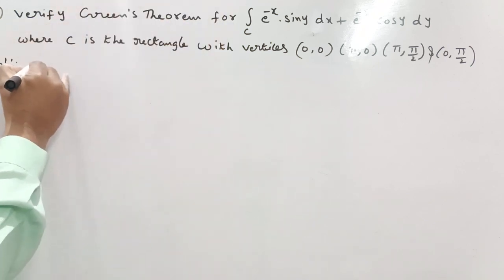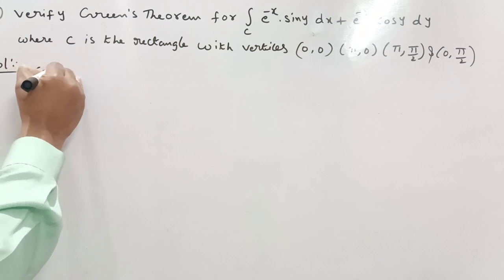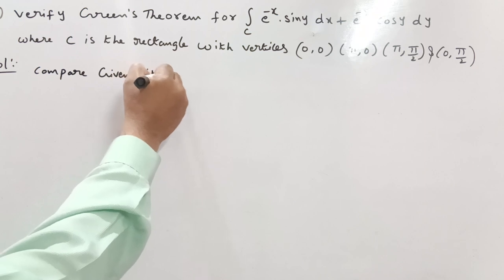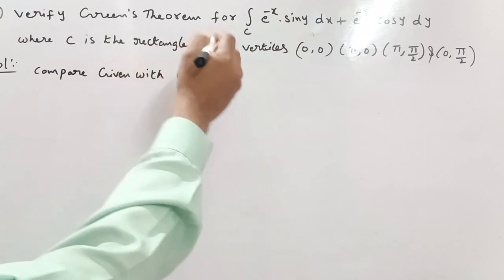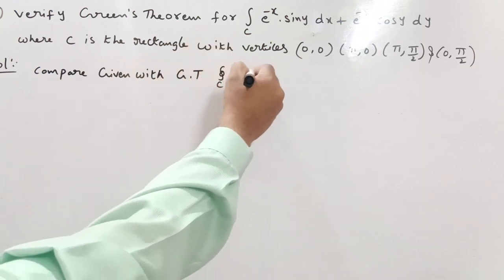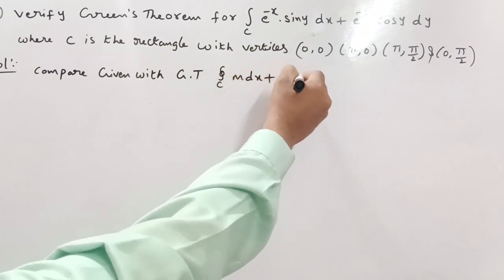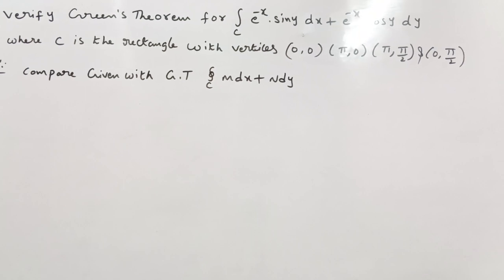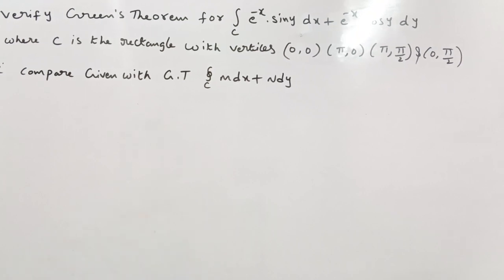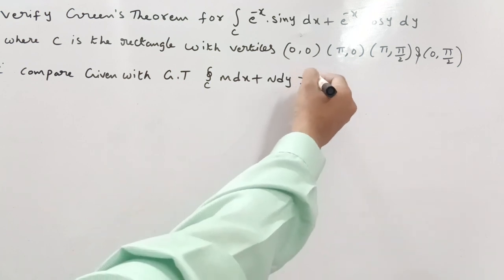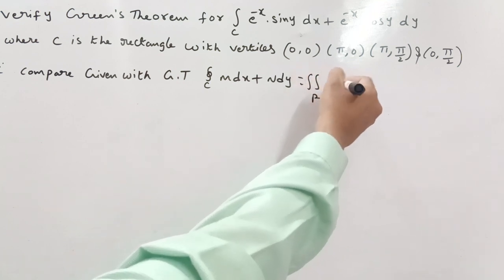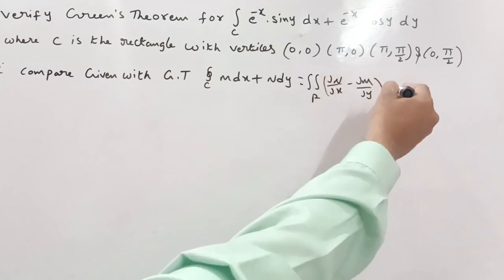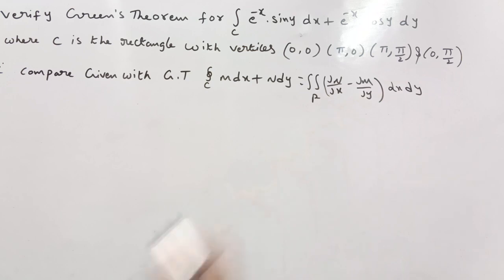So what he gave here, first of all, compare what we have to do, compare the given with Green's theorem. What is Green's theorem? The line integral over C of M dx plus N dy is equal to the double integral over R of (dou N by dou x minus dou M by dou y) dx dy.